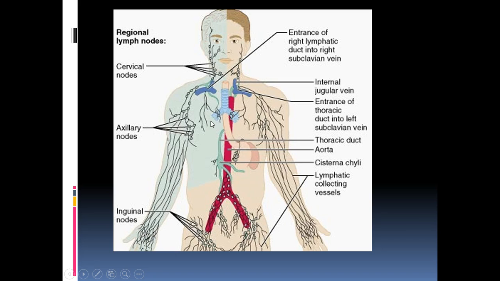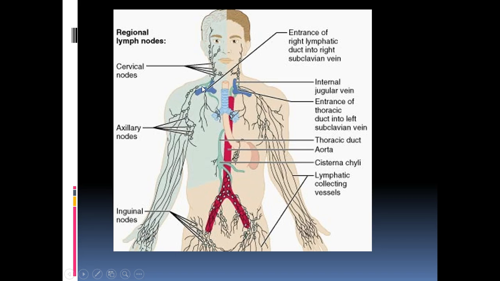The right lymphatic duct will pick up tissue fluid from the upper right part of the body and drain it into the right subclavian vein. So the right subclavian vein is the blood vessel that joins up with the right lymphatic duct.